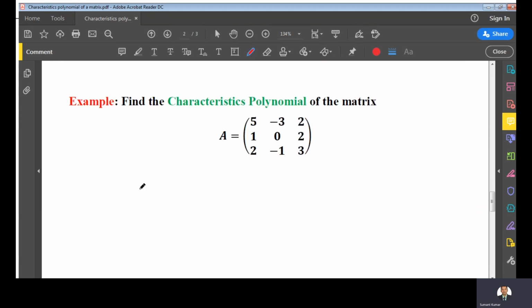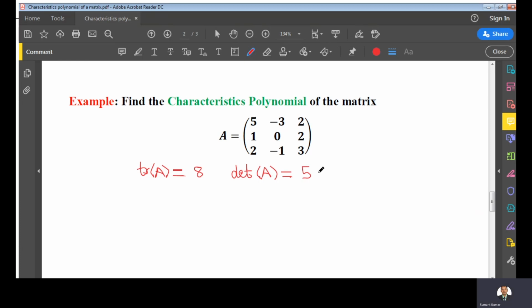So here, what will be the trace of this matrix? The trace of this matrix is 5 plus 0 plus 3, so 8. What will be the determinant of this matrix? In the last video, I found the determinant using the shortcut method. You can go there and see that video, how to find the determinant of order 3 easily. At that time it was 5, correct?